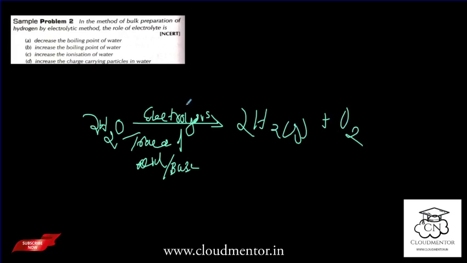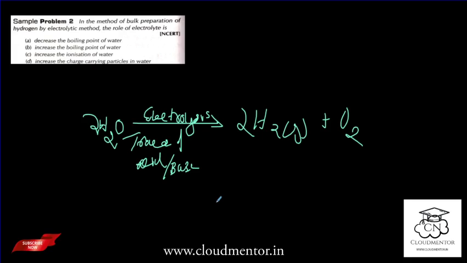The role of the electrolyte is to make the water conducting by increasing the number of charge carrying particles, that is the ions. The role of the electrolyte, acid or base, is to increase the charge carrying capacity in order to make it more conducting for the process to happen, that is the formation of hydrogen and oxygen.